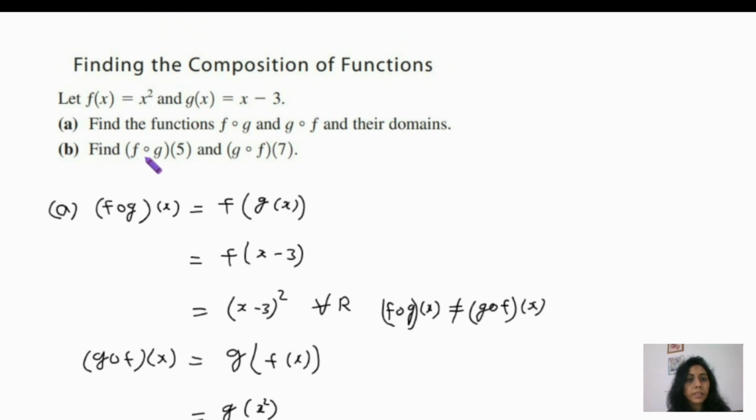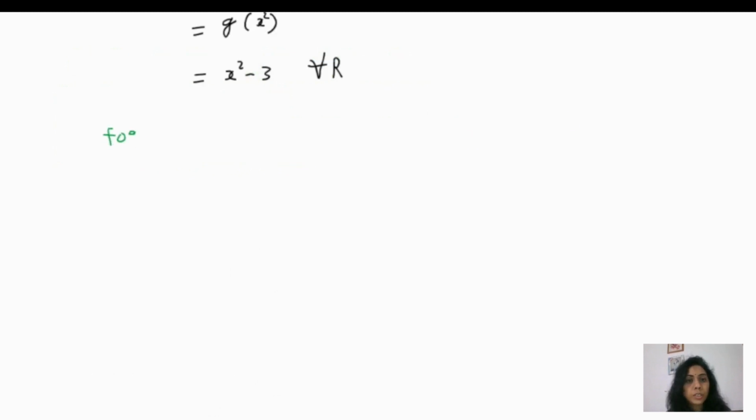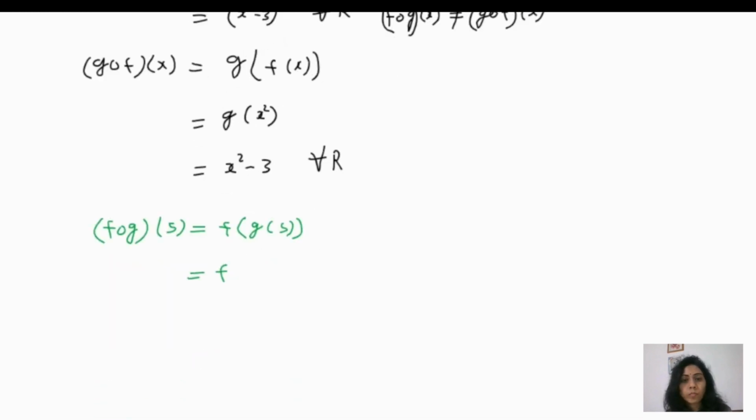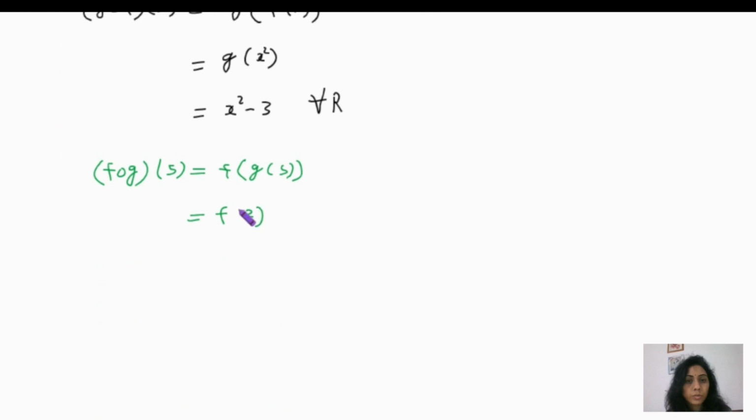Now here it says find (f o g)(5) and (g o f)(7). (f o g)(5): by the definition of composite function, f(g(5)). What is g(5)? g(x) is x minus 3, so g(5) is 5 minus 3, which is 2.